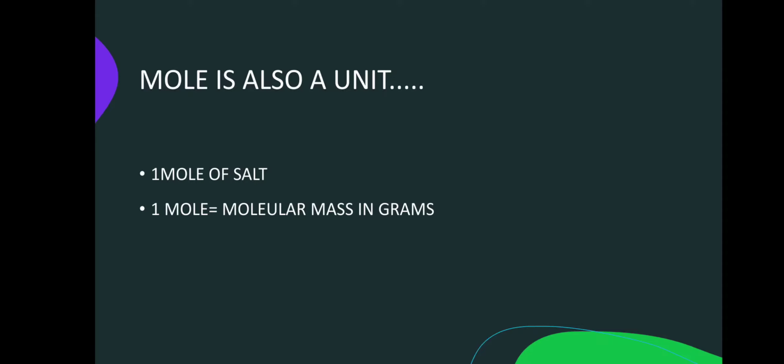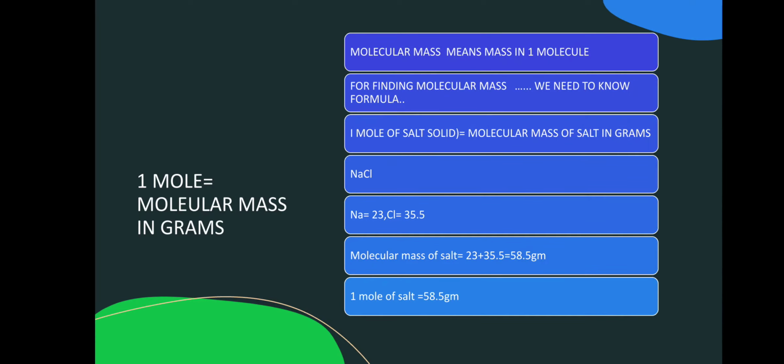In this chapter, we will learn what is 1 mole. So 1 mole is equal to molecular mass in grams. What do you mean by molecular mass? Mass in one molecule. For finding molecular mass, we need to know the formula. So for example, we will take 1 mole of salt.